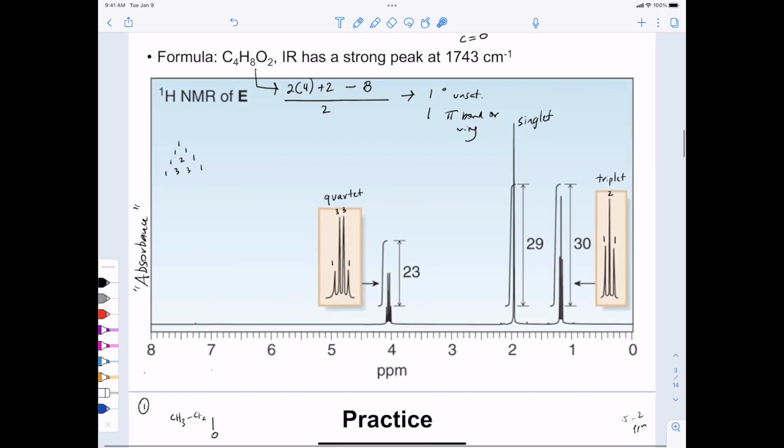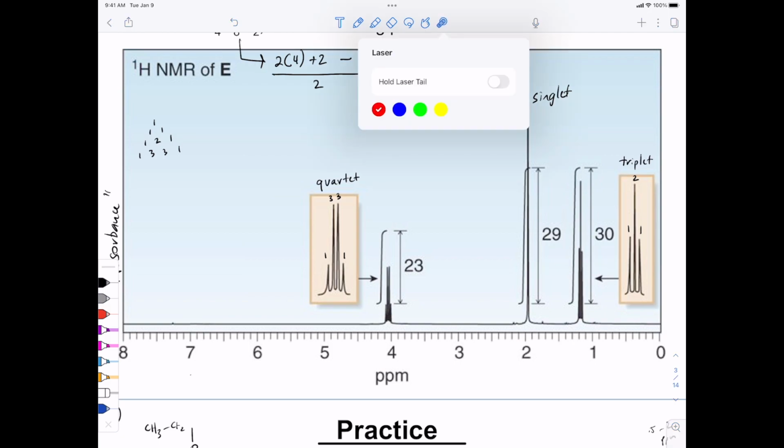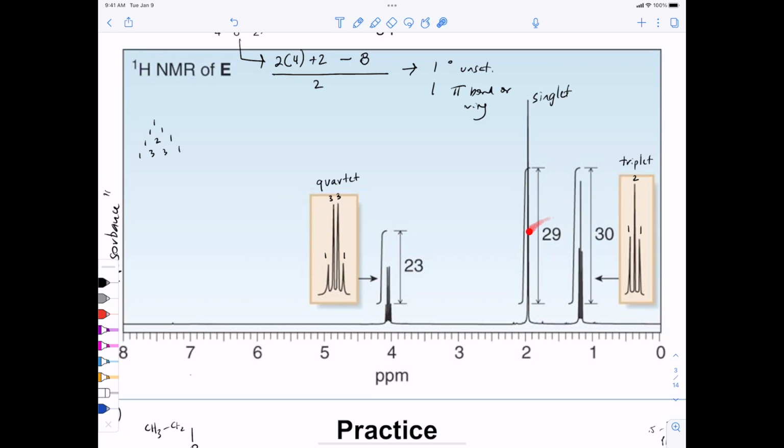So this one has 23 arbitrary peak units, this one has 29, this one has 30. The area under the peak will be, and this is really cool, proportional directly to the number of protons represented by that peak. So looking at the areas under each peak, there's a ratio of 2 to 3 to 3.